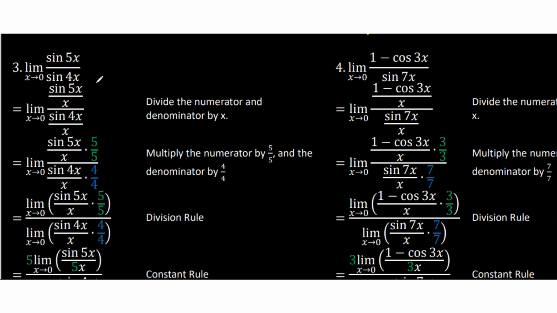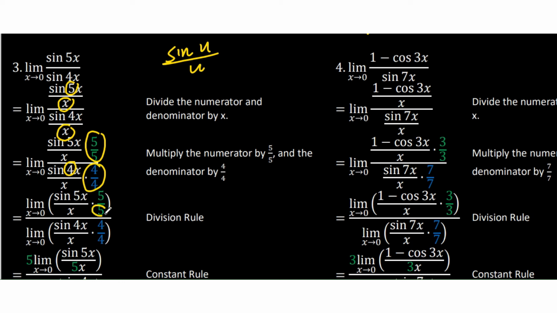On the third example, sine 5x over sine 4x. In this case, we need to have a form sine u over u. That is the reason why we divided x, numerator and denominator. After that, if this is 5, we need to multiply 5 over 5 in the numerator. 4, so we have 4 over 4.